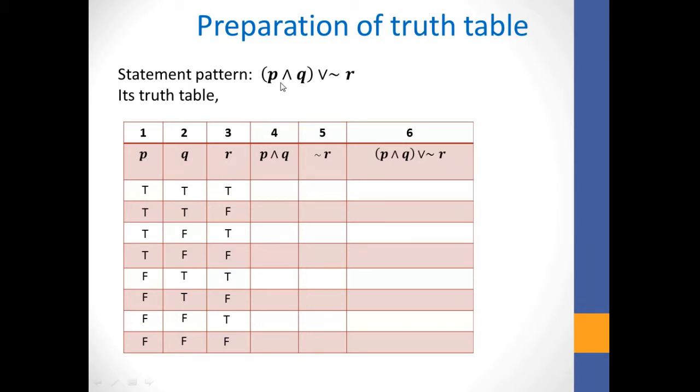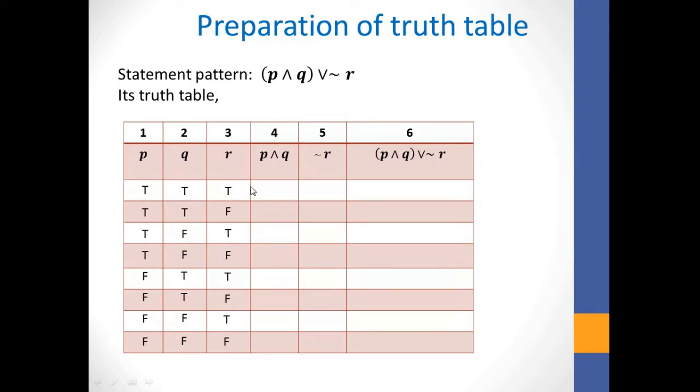Now as per the requirement in this statement pattern, 4th column is P and Q. So by using our previous knowledge, we will discuss what will be the value in this column.